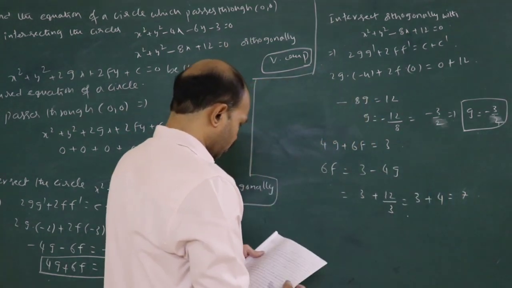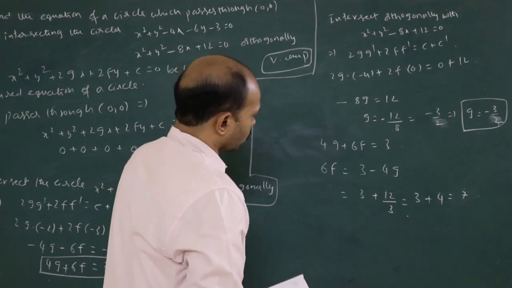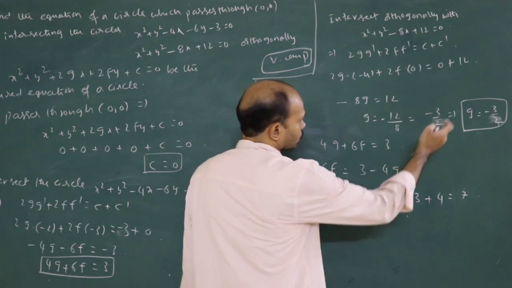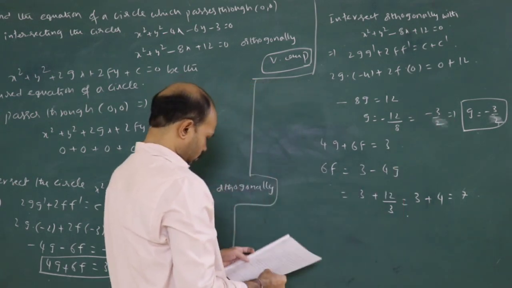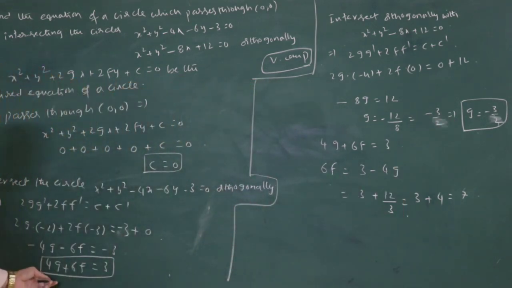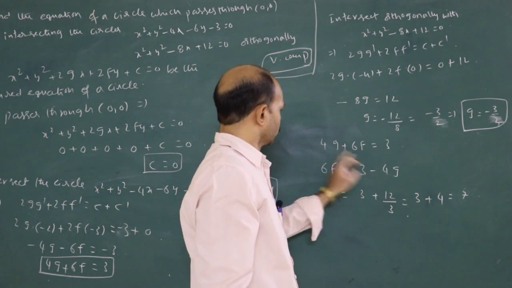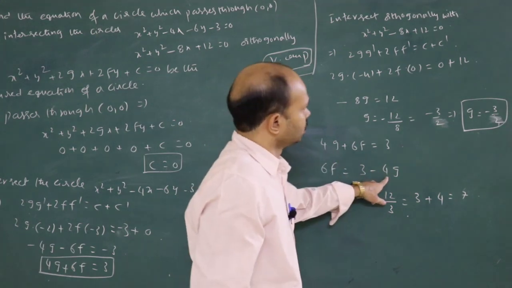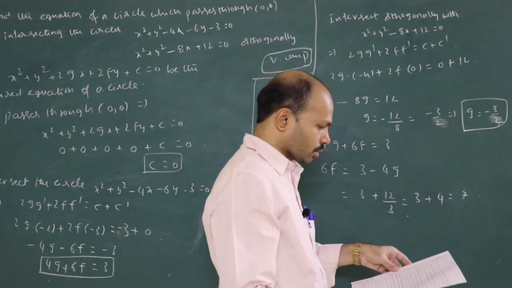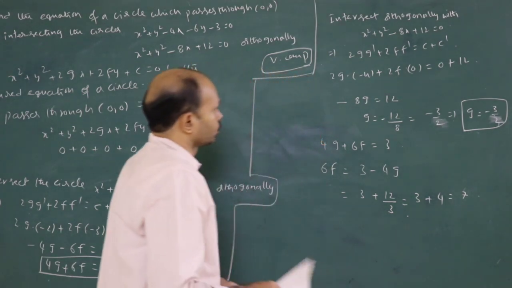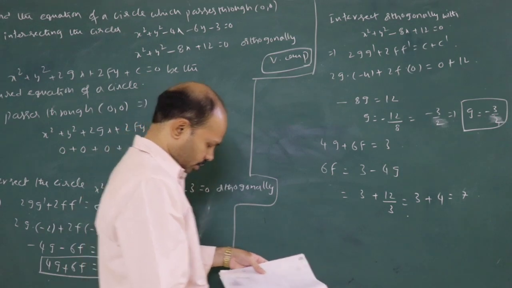What is the value of f? 6f plus 4g is equal to 3, so 6f is equal to 3 minus 4g. The value of g is minus 3 by 2.